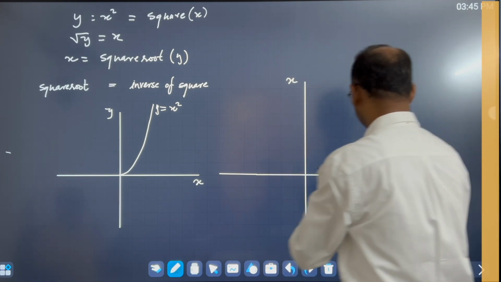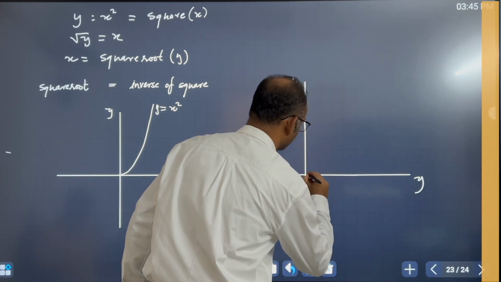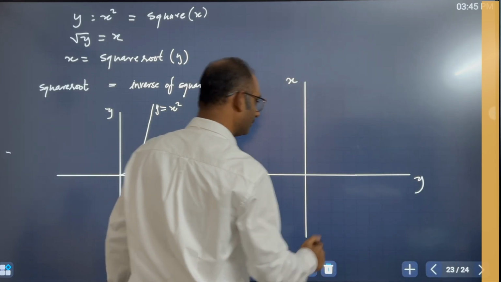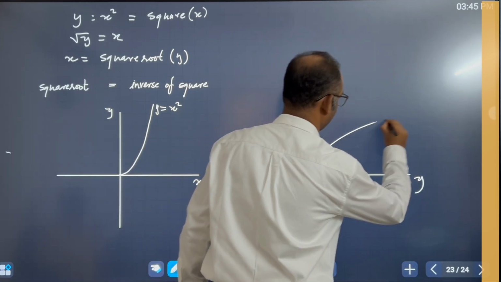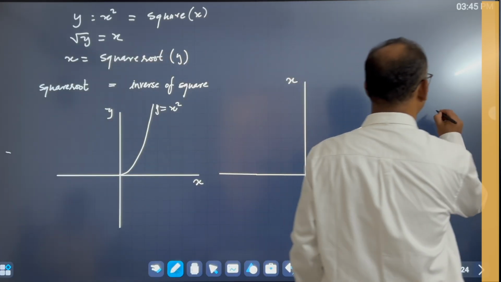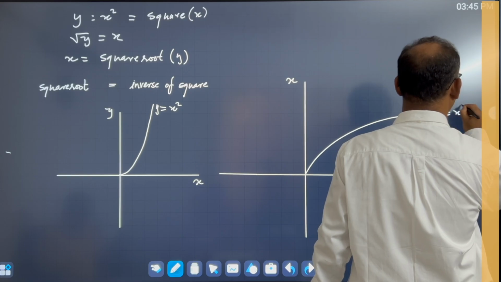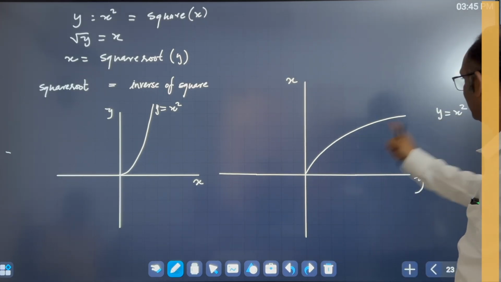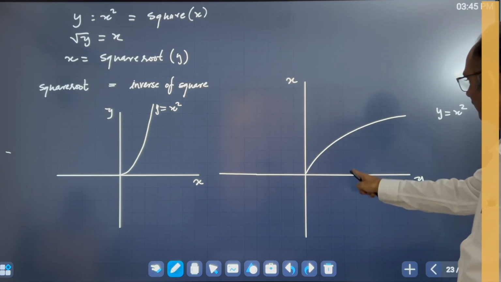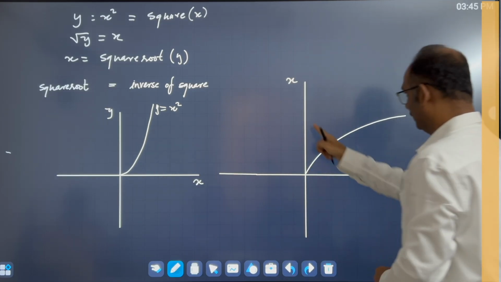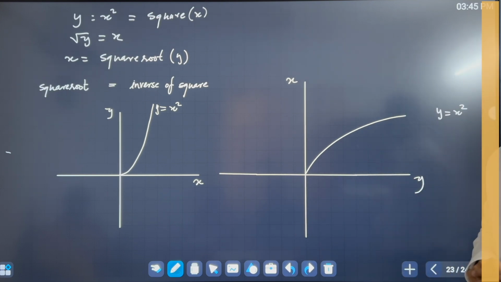So y equal to x square will be this, agreed? Okay, the same function. Given a value of x, I get a value of y.